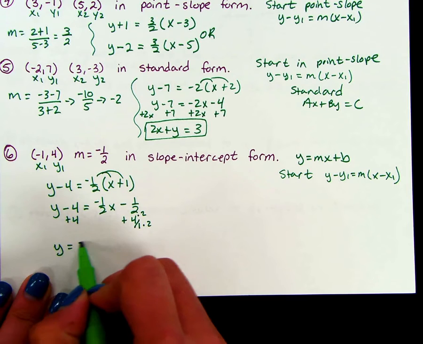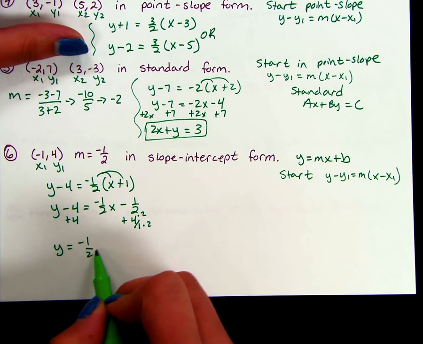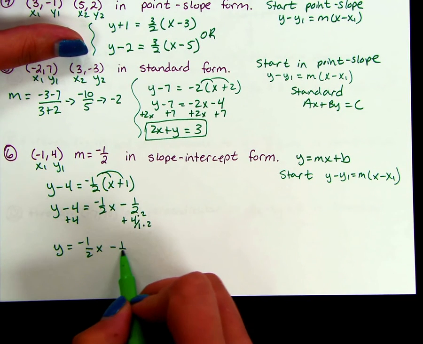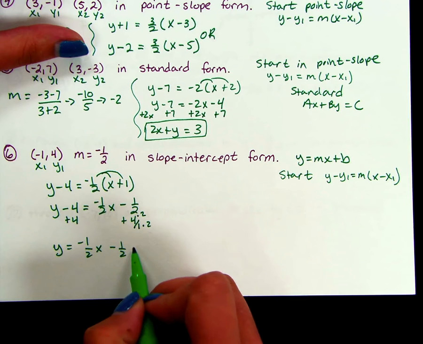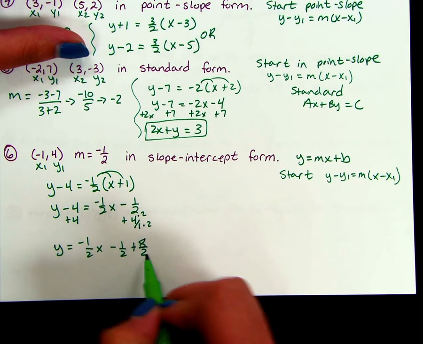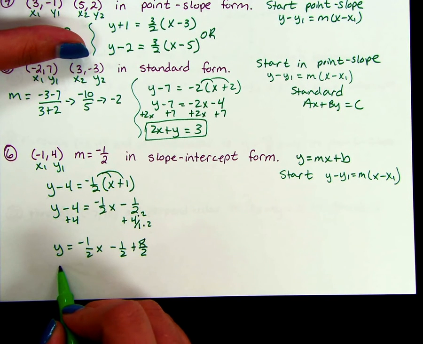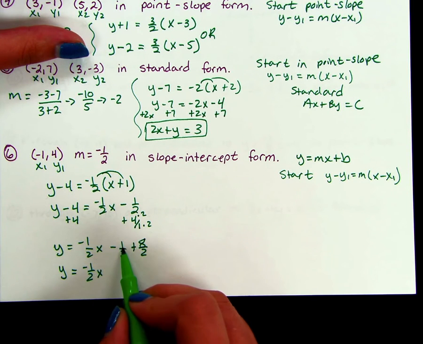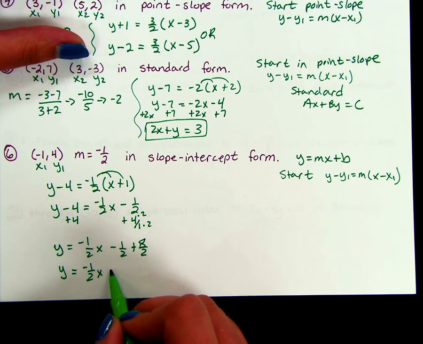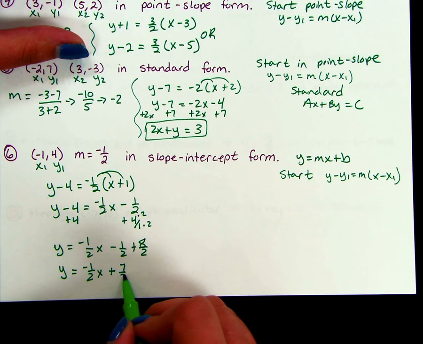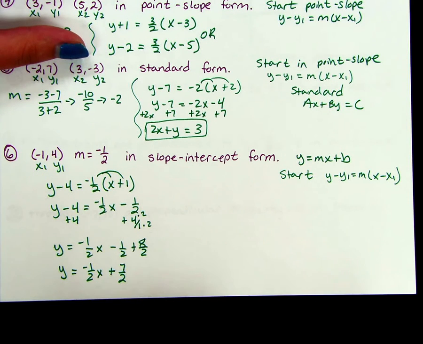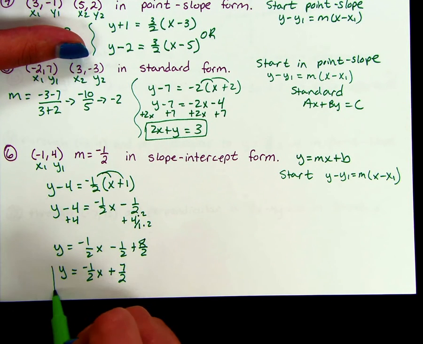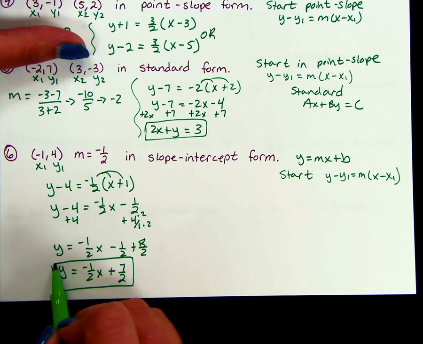So y equals negative 1/2 x, and then it's a minus 1/2, and then if we multiply that, it'll be a plus 8/2. So now we're combining the numerators. So y equals negative 1/2 x, and then negative 1 plus 8 is 7, so plus 7/2. And it's okay to have fractions in slope-intercept form. So this will be our final answer for that.